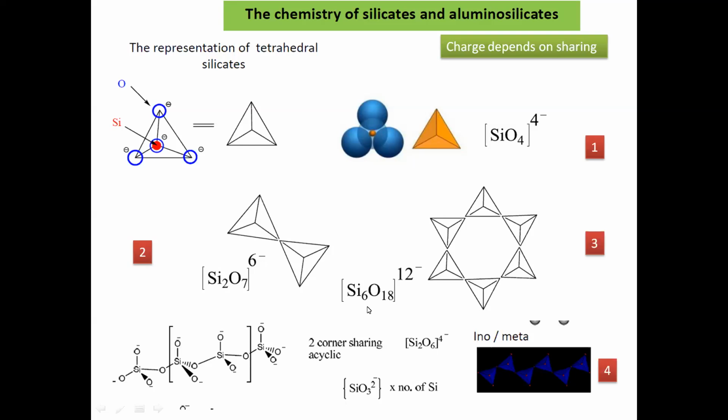Similarly, you can have Si6O18 12 minus, which forms a structure something like a hexagon and is one of the basic and fundamental unit building blocks. And sometimes you can also have corner sharing chains. All these building blocks can be found in clay structures.